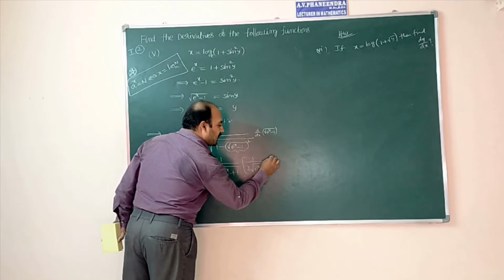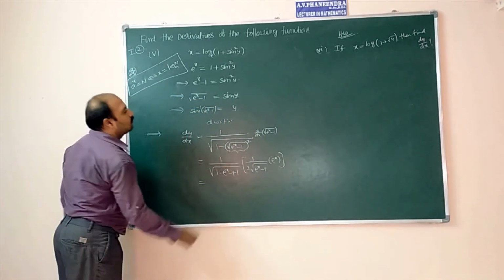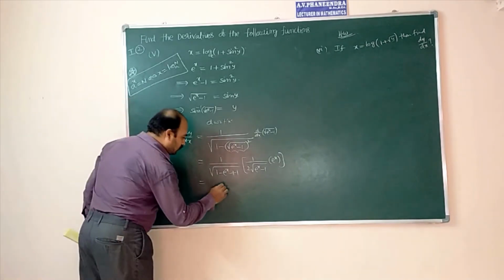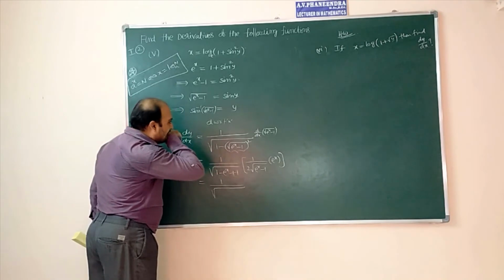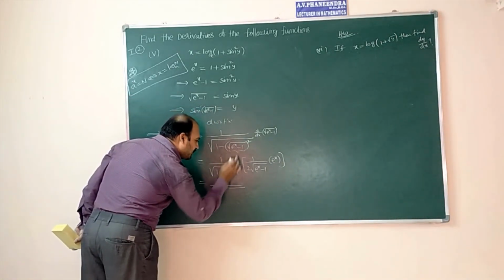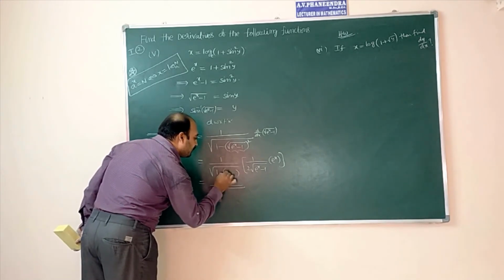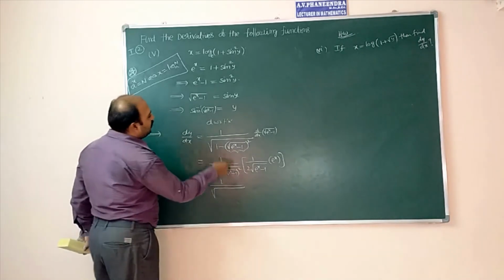Again e power x minus 1 derivative is e power x, which is equal to 1 by square root of, no need to expand here, this value directly you can keep, root of e power x minus 1 whole square. This value is what?